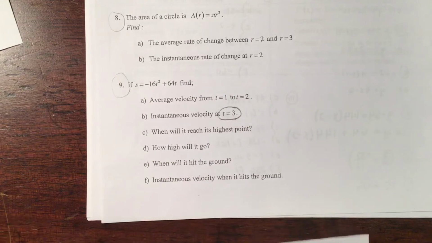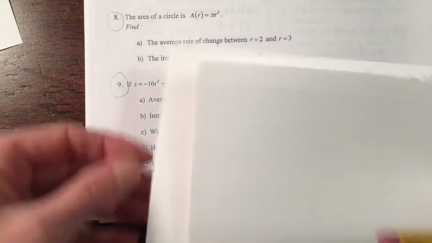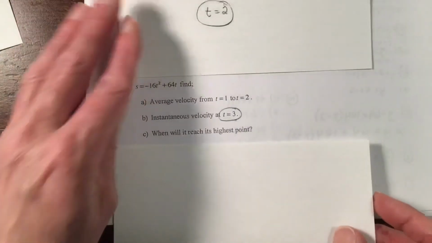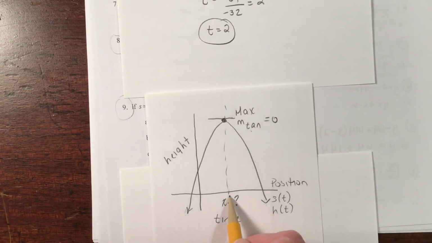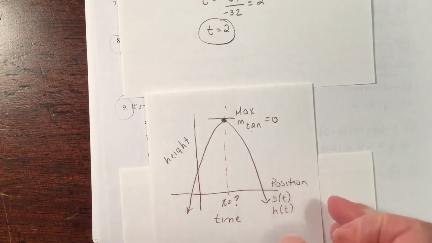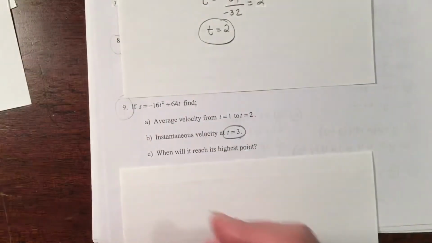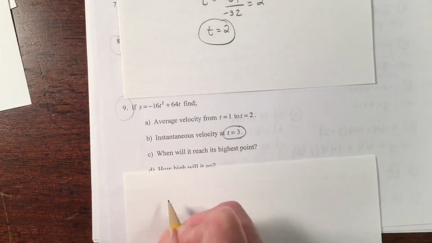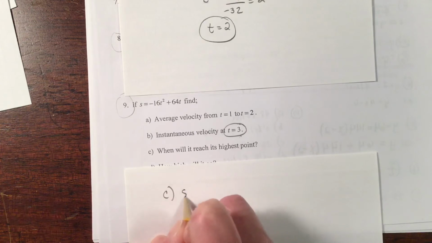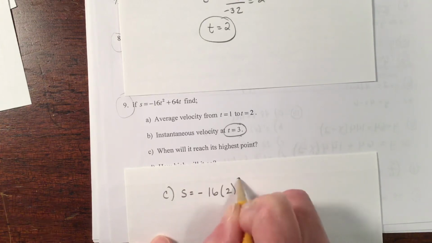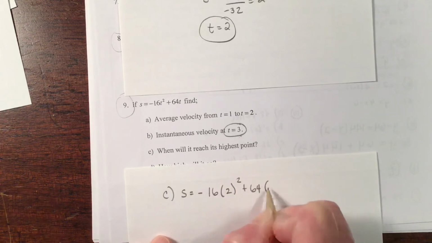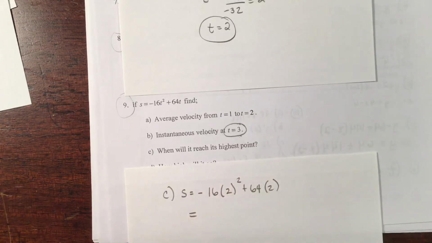The next part of this question is how high will it go? Well, that's going to be what we get when we plug in 2. Right? If this is when it reaches its highest point, if we plug 2 into the function, that's going to be its highest point. So I would go back and that's going to be what?